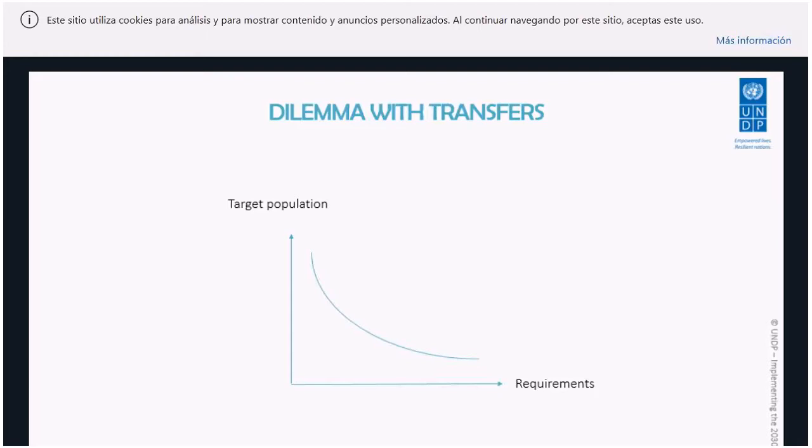How many programs exist, how they work, who are supposed to be the beneficiaries, what are the amounts, etc., etc. And if we can identify that in the survey, it's critical.